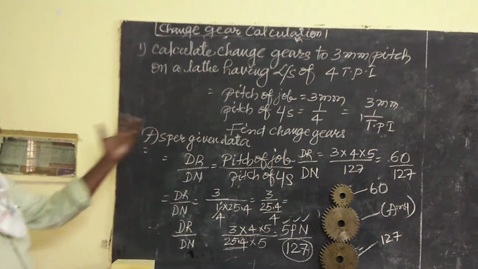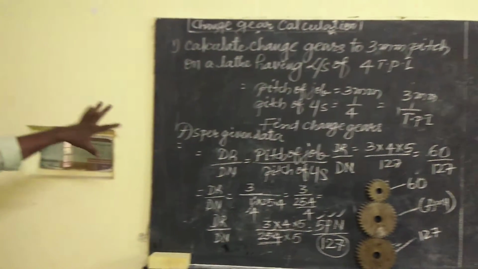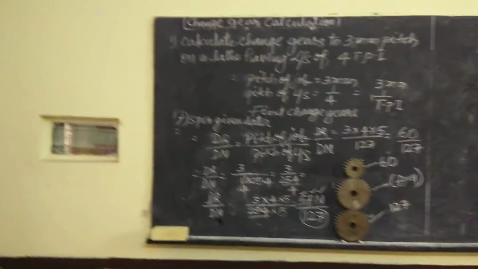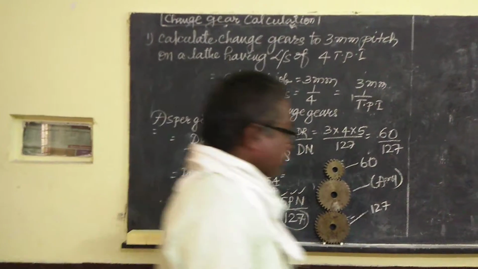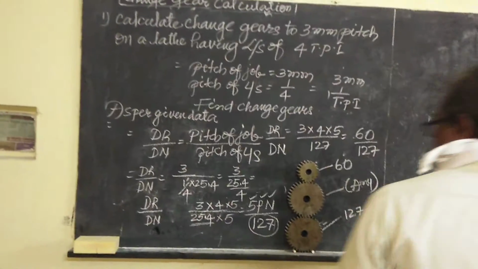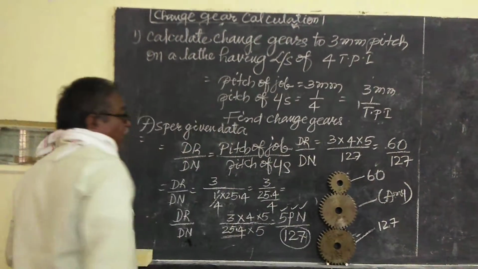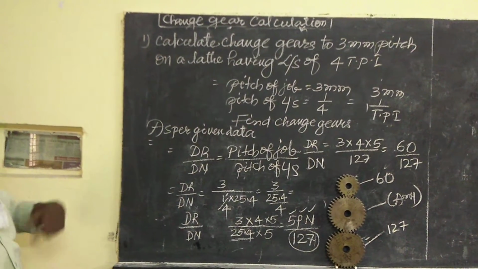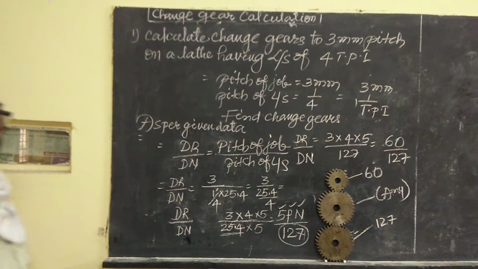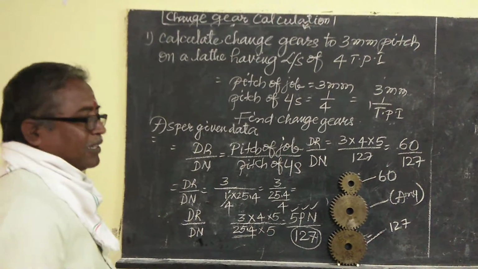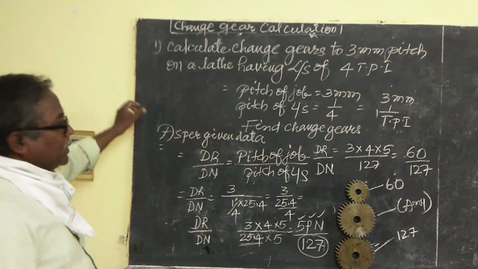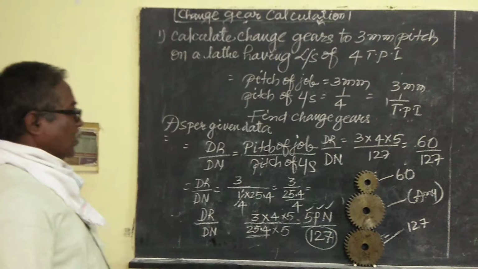If you want to take a screenshot, you take it, no problem. Then I will go into another formula. There is one more formula. If I explain that one, this chapter becomes closed.